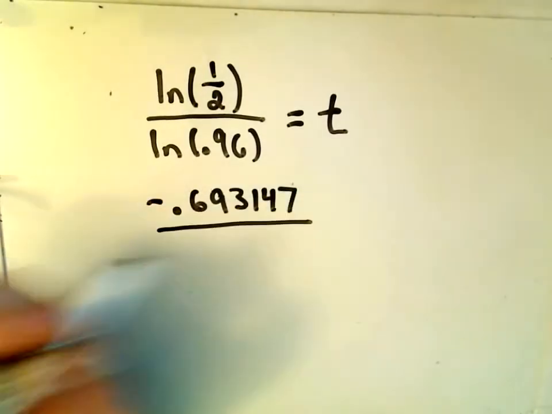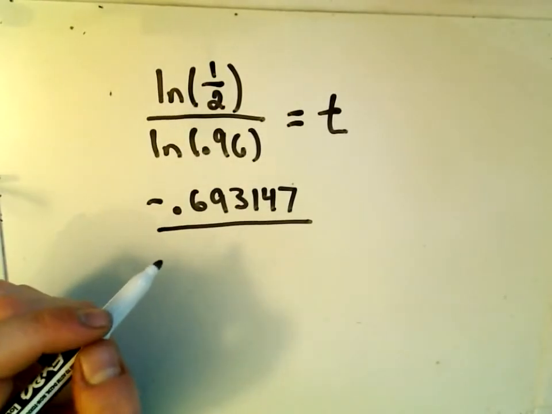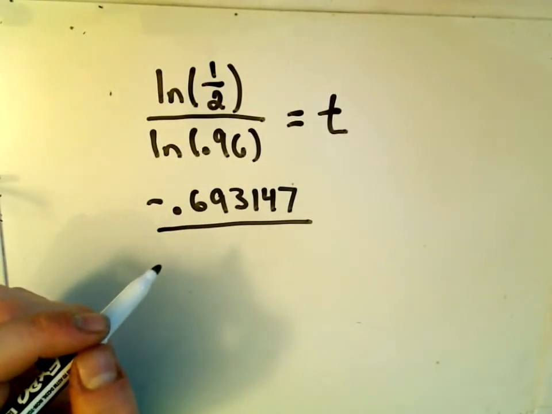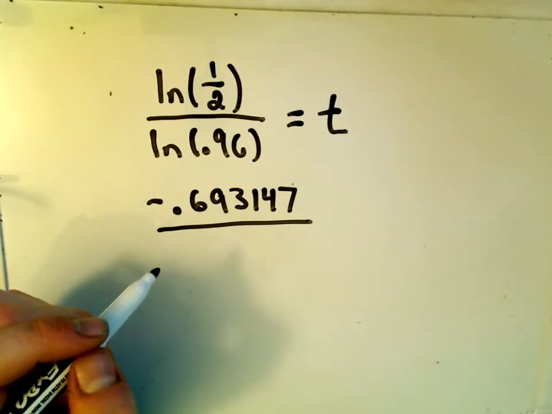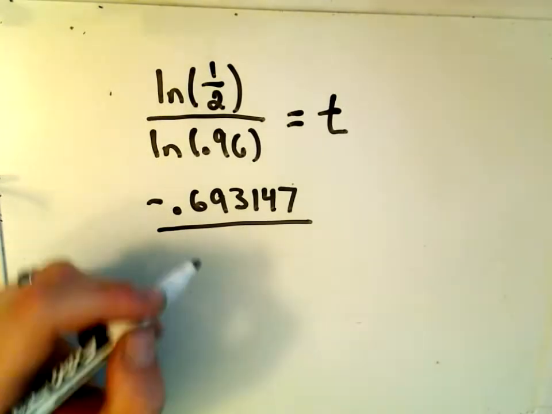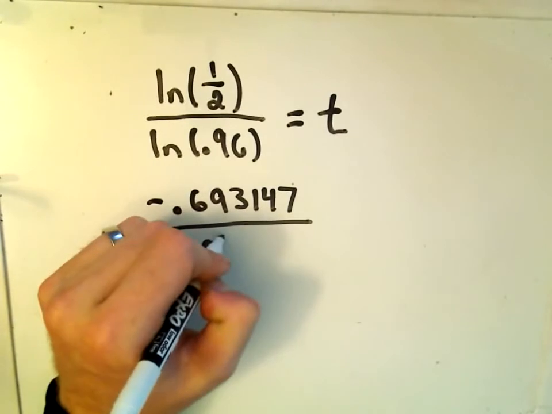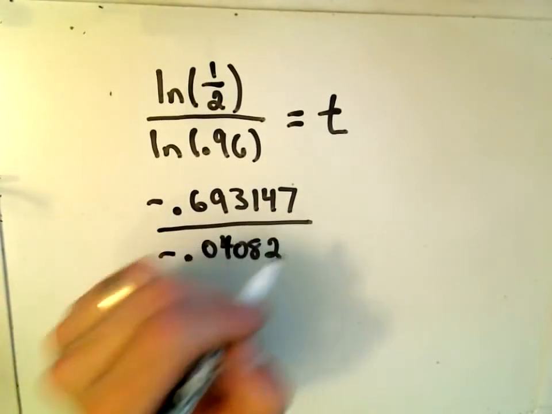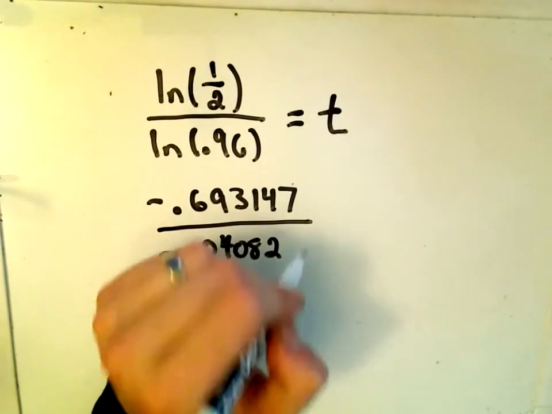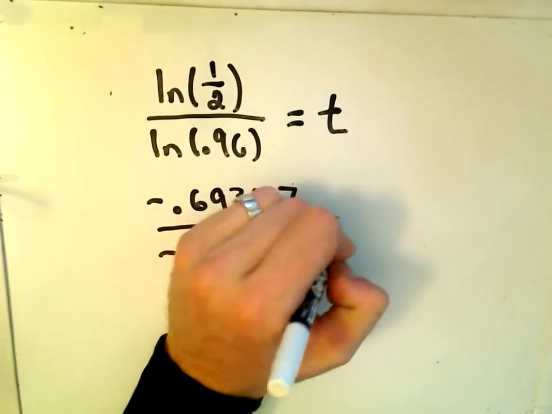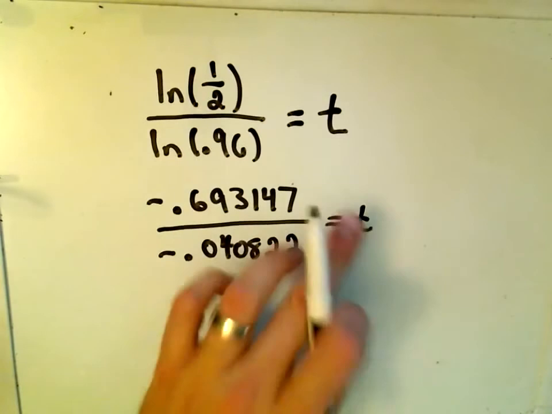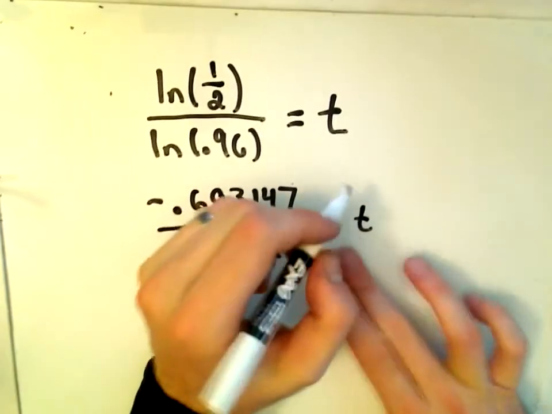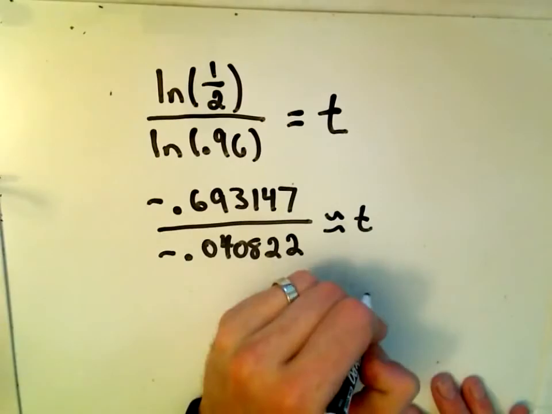That's good enough for me. We'll calculate ln of 0.96. So ln of 0.96 is negative 0.040822. And now we're approximating, so I'll say t is approximately equal to that.